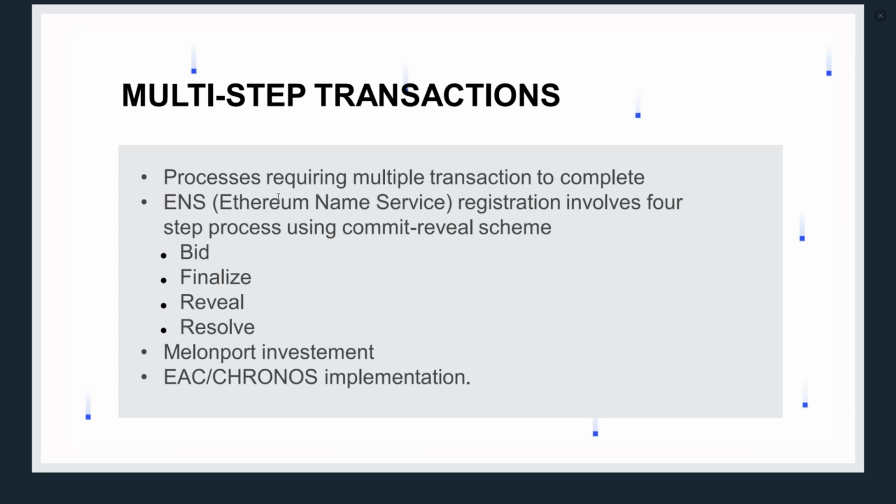Okay, so the ENS is the Ethereum Name Service, and it's the DNS of the Ethereum blockchain. The DNS is the domain name service, which is your google.com, your netflix.com, your linkedin.com.